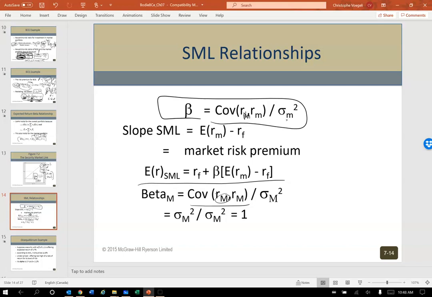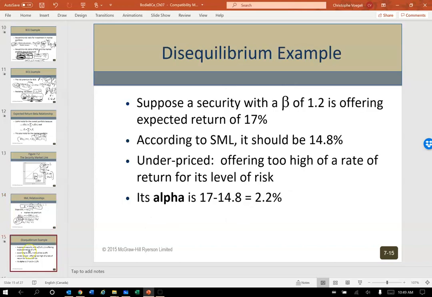Like I talked about earlier, covariance of X with X is the same as saying variance of X. So then I end up getting the variance of the market divided by the variance of the market. And of course, X over X is 1. Or sigma squared of M over sigma squared of M is 1. The beta of the market is always 1.